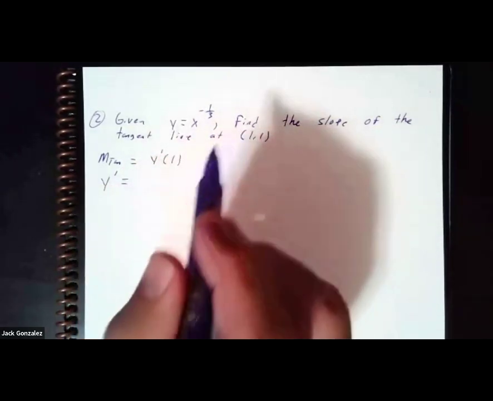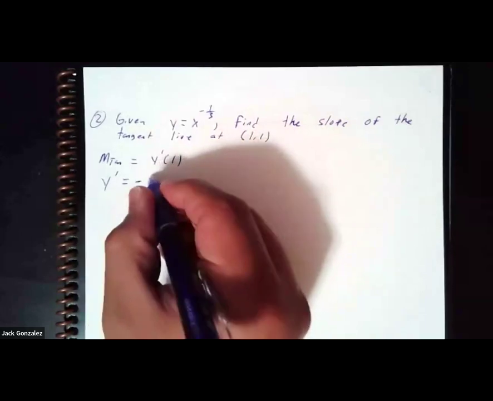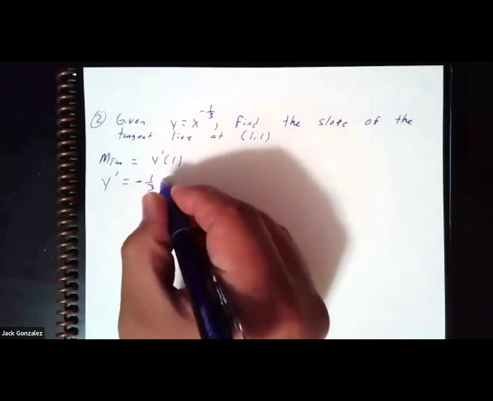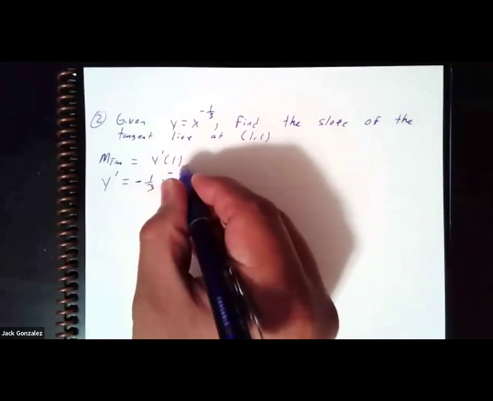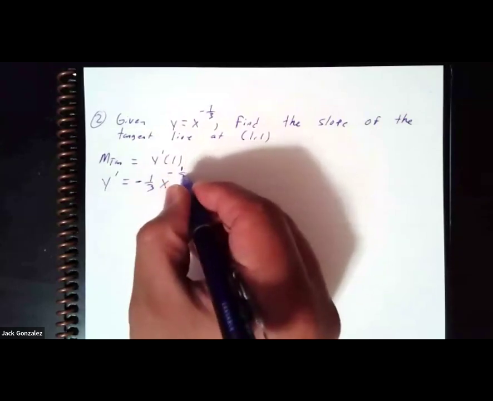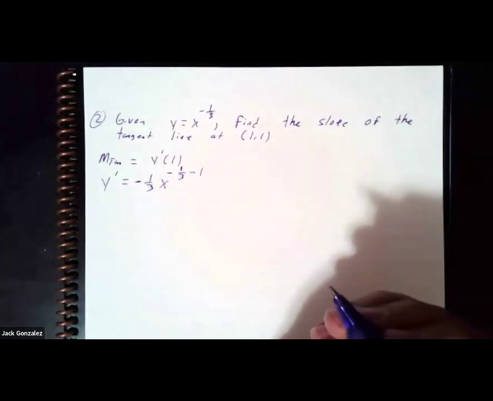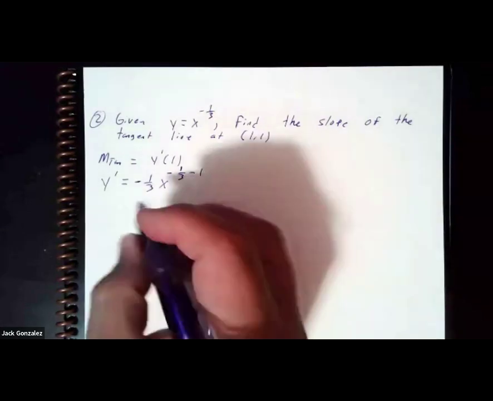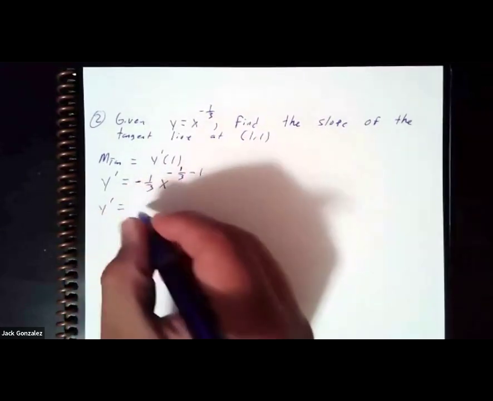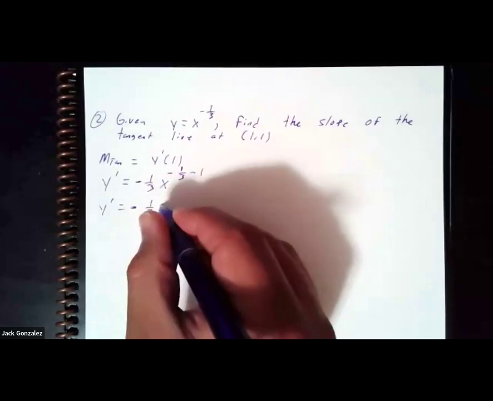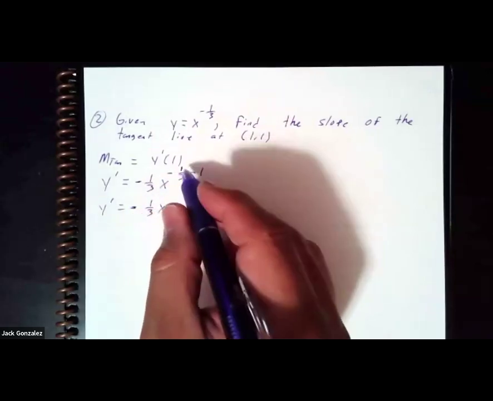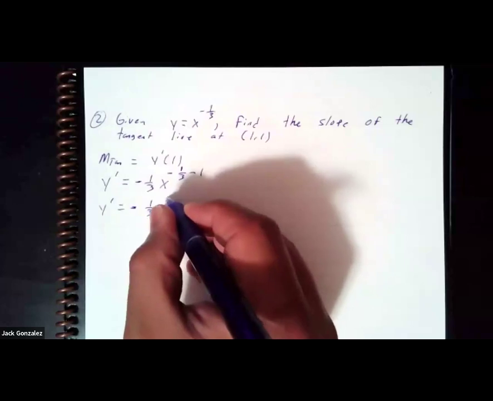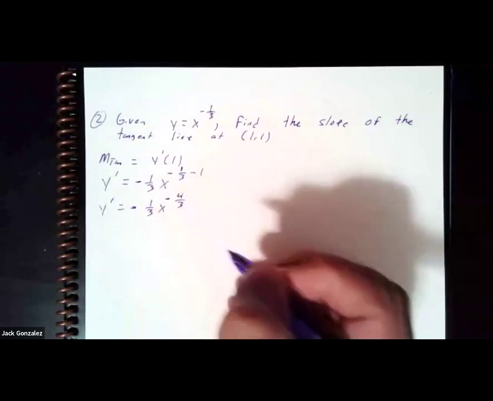Power rule. The power rule says bring down whatever number's up there as a power, then subtract 1 from that power. So that'll be negative 1/3 times x to the negative 1/3 minus 1. That's negative 4/3, right?